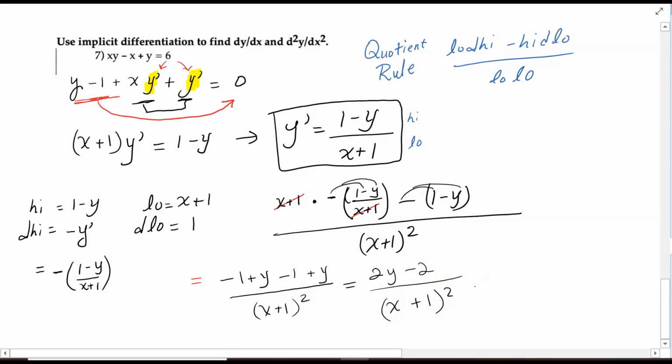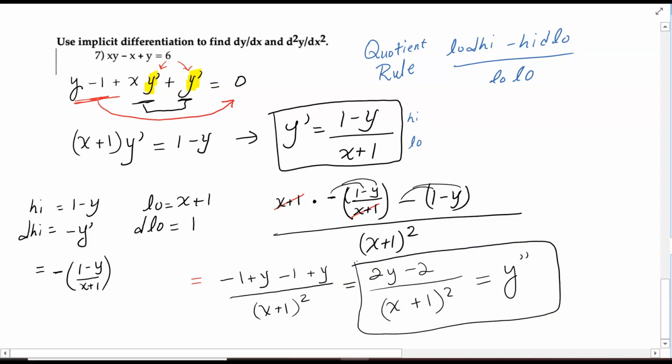And it looks something like that. And this right here should be your y double prime, your second derivative. Notice we didn't use y prime, we substituted what we knew for y prime. So when we did that, we get 2y minus 2 over x plus 1 quantity squared.